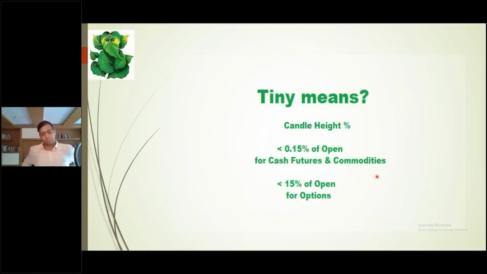So whatever the open price, if the tiny indecision candle has candle height less than 0.15% for cash, futures and commodities, for these three asset classes, then it is tiny. For options, it is 15%, because as you all know, options is not a price, it's a premium.